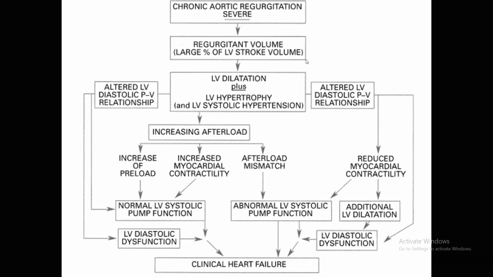The progress of severe aortic regurgitation to clinical heart failure is accompanied by the elevation of the hydrostatic pressure in the pulmonary circulation, lung edema, and dyspnea, demonstrated by shortness of breath.